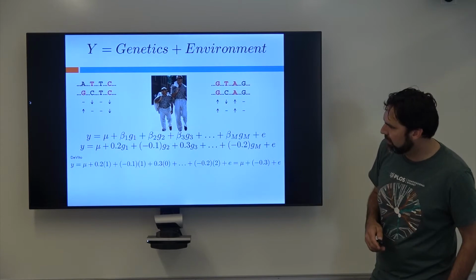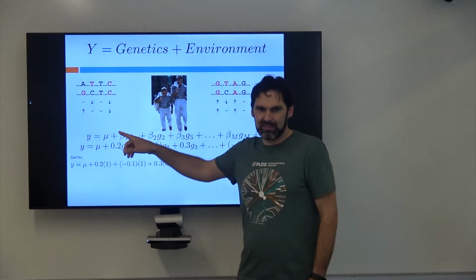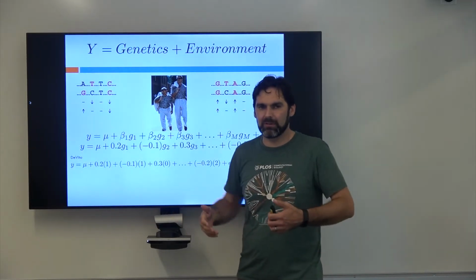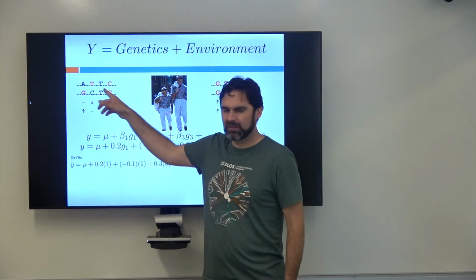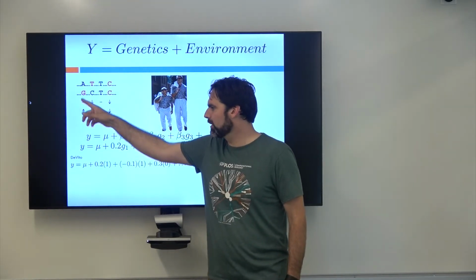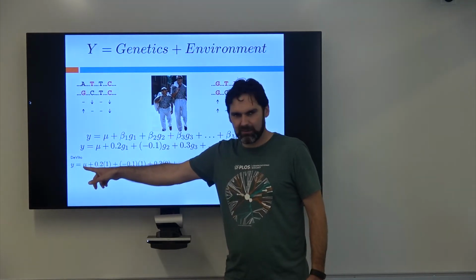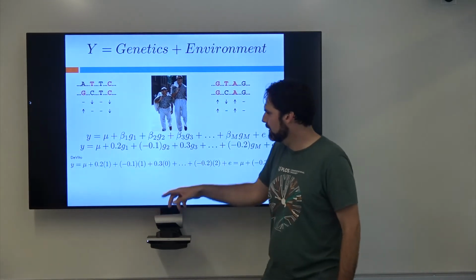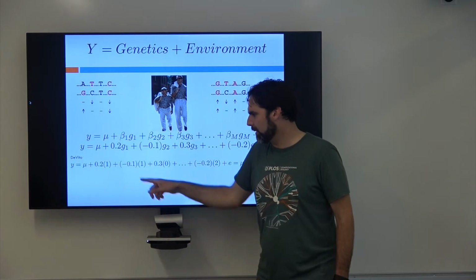So let's look at Danny DeVito. Over here, this G, that's from that genotype matrix that we spoke about in the beginning. So it's the number of alternate alleles an individual has. Here, the red ones are the alternate alleles. So Danny DeVito has one alternate allele. So whatever the mean height of the population was, this allele is going to increase his height by 0.2. Then he's got one of these T's, so this will decrease it by 0.1.